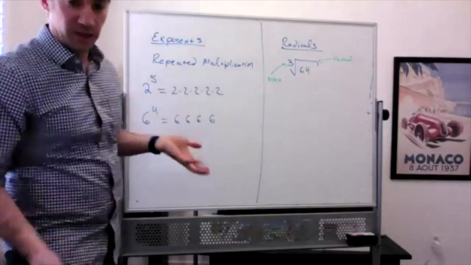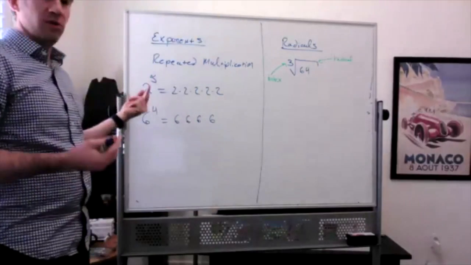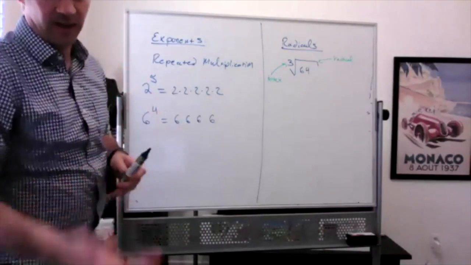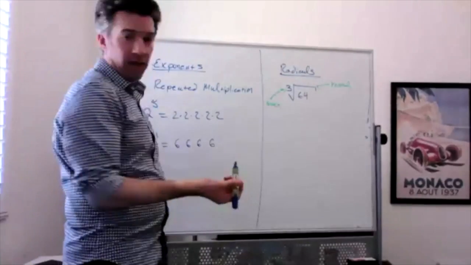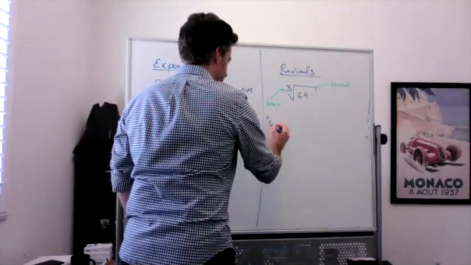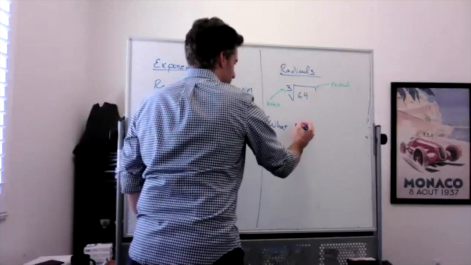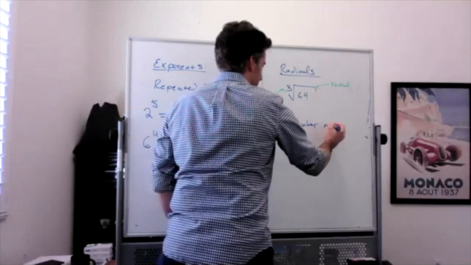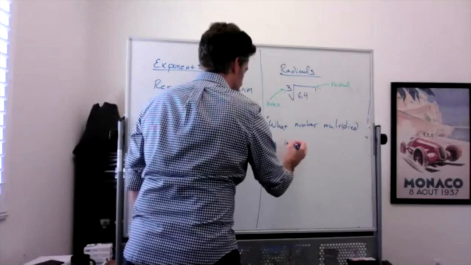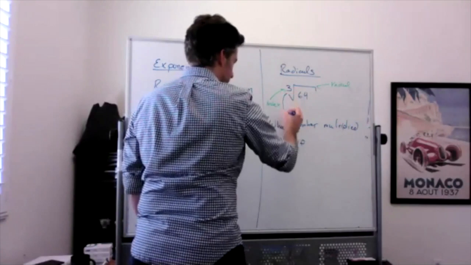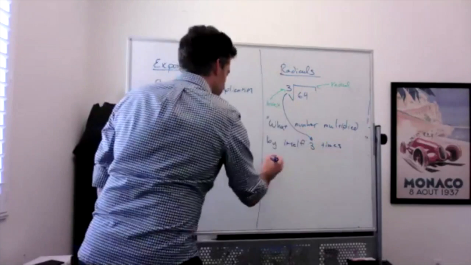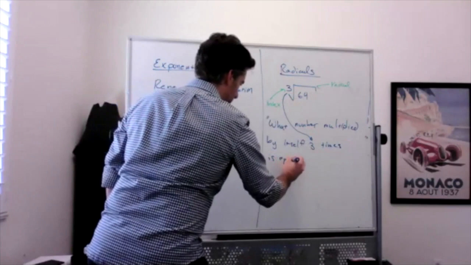So exponents are shorthand for repeated multiplication, right? It's saying, what do you get when you multiply 2 by 2 by 2 by 2 by 2? Radicals are kind of the opposite of that. If I want to take the third root of 64, the question that I'm actually asking is, what number multiplied by itself 3 times, whatever the index is, is equal to 64?